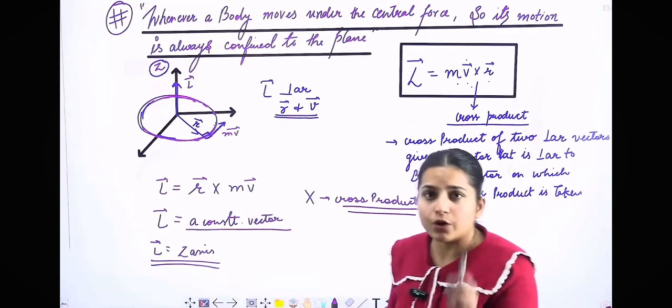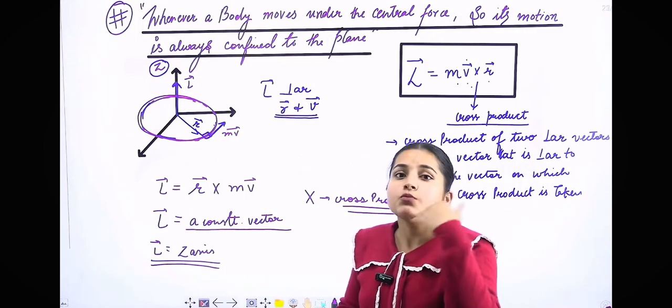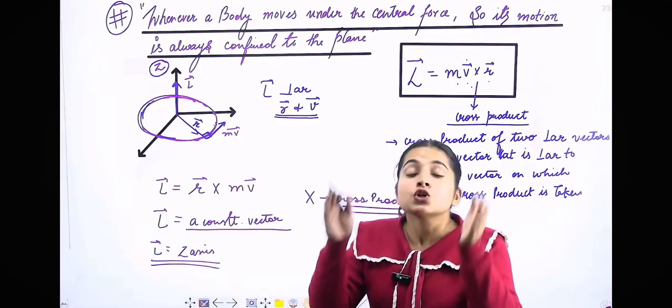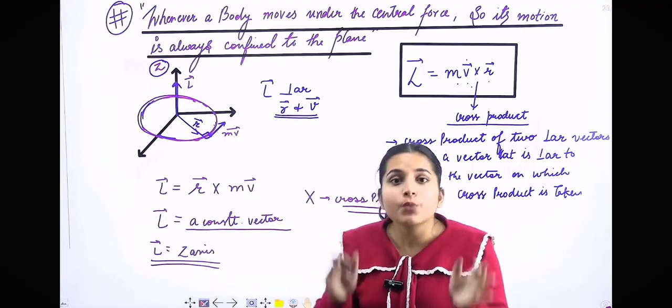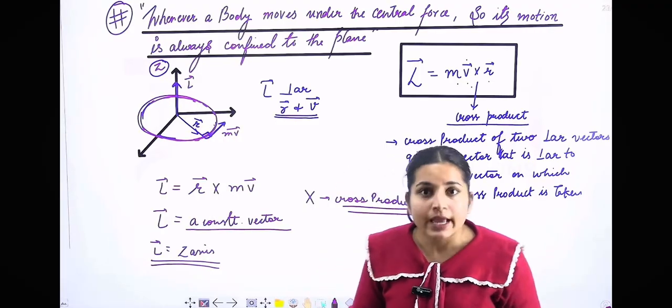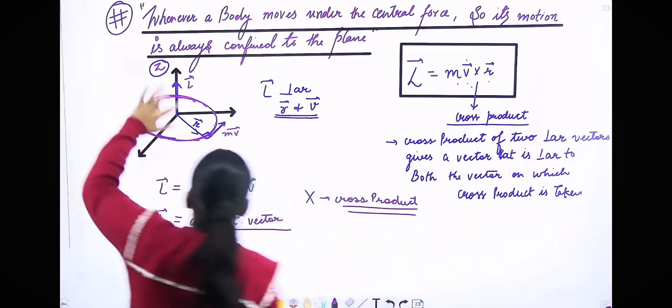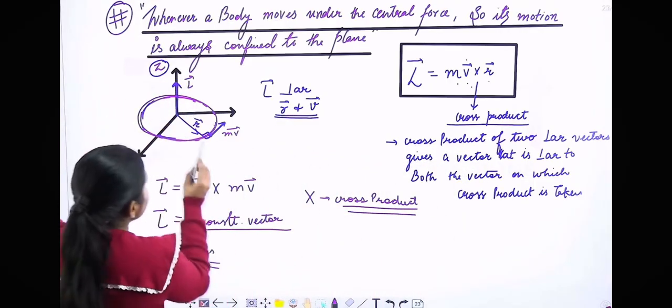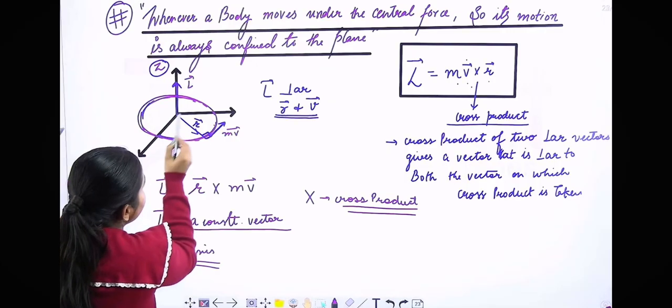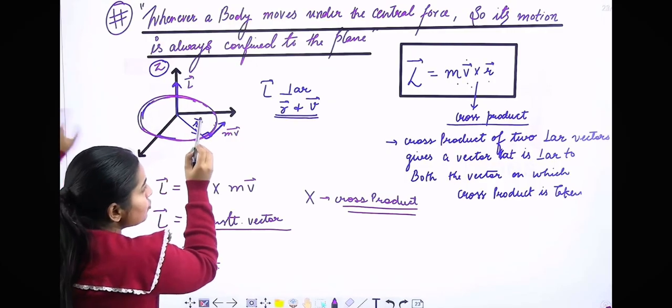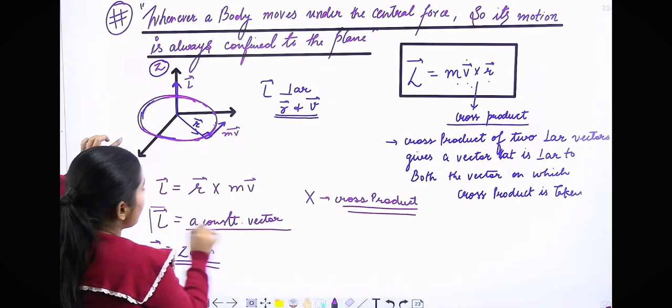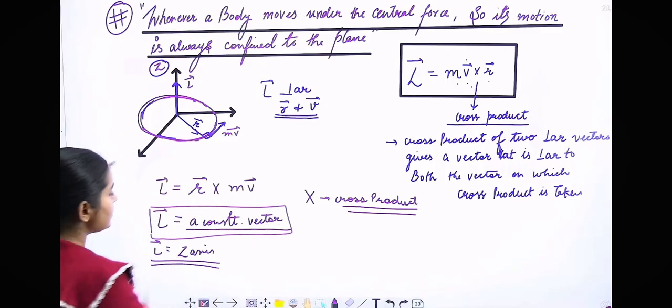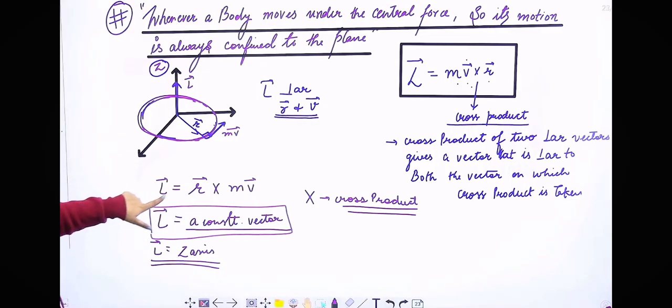And one more important point, whenever the body moves under the action of central force, its motion is always confined to a plane. It means if this is the L vector here, and this is the mv vector of the body, the body motion is always confined in this plane, because L vector is a constant vector whenever you're talking about the central force, and L is r cross mv.